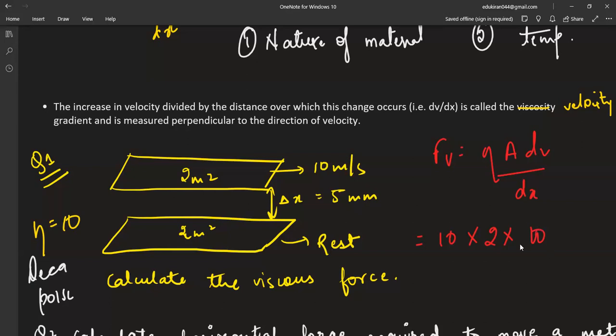So 10 minus 0 if you take the relative velocity, divided by the separation, 5 millimeters, which is 5 into 10 to the power minus 3. Newton will be the answer.